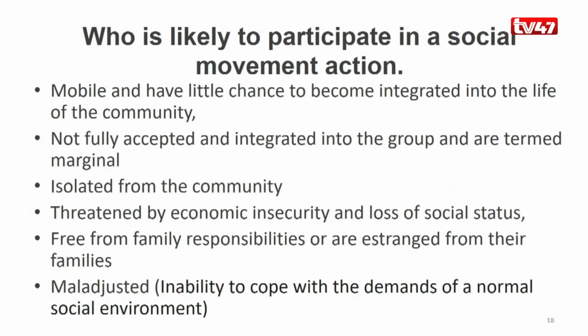What makes them marginalized is enough reason to make them participate actively in a social movement. And then we also have the isolated community, which can also be marginalized or not integrated in the community.